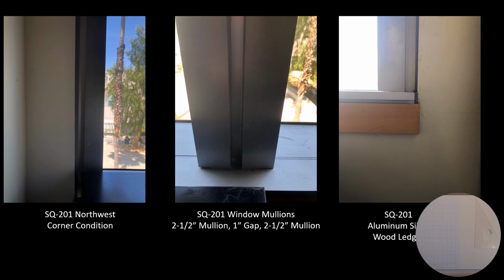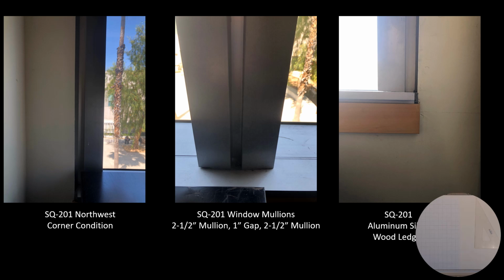The center image depicts the 2.5-inch wide window mullions on the left and right that are separated by a 1-inch gap. When you look at the provided floor plan and you see the repeated 2.5-inch, 1-inch, 2.5-inch dimensions, this is the element that those dimensions are referring to.